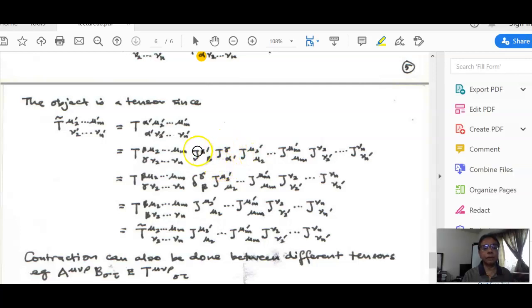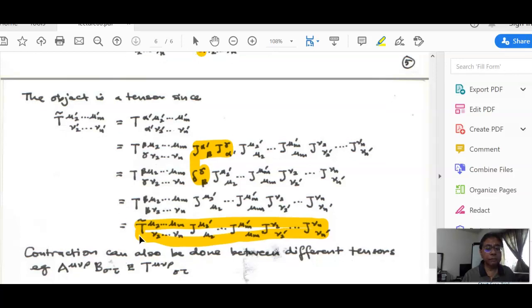Okay, so here's the inverse, and this becomes the Kronecker delta. So in other words, if we look at the final answer, it's simply the transformation law for the tensor of rank 1 less from the original case.